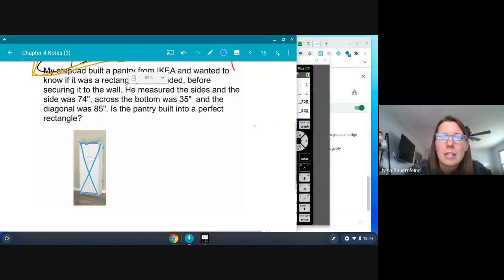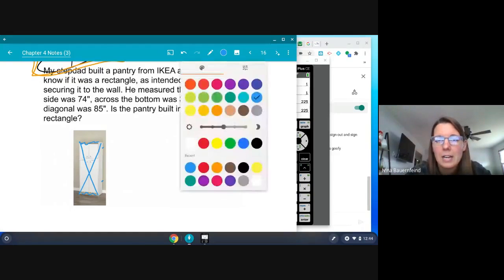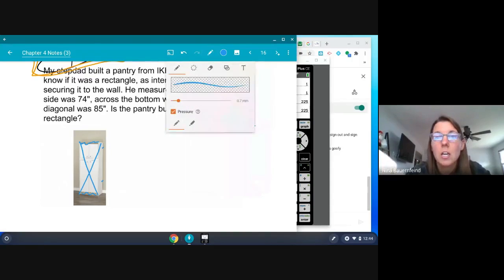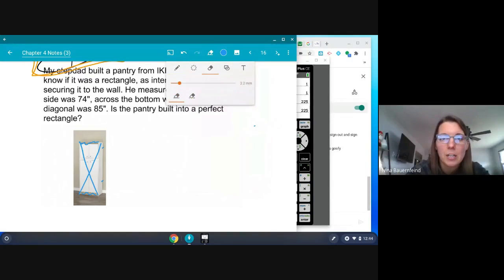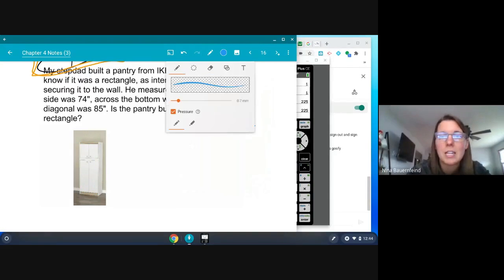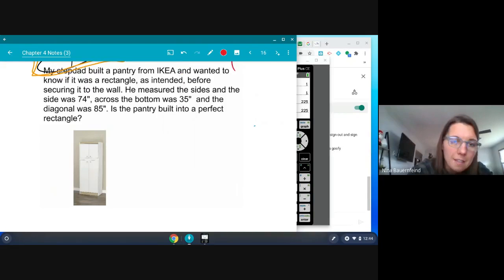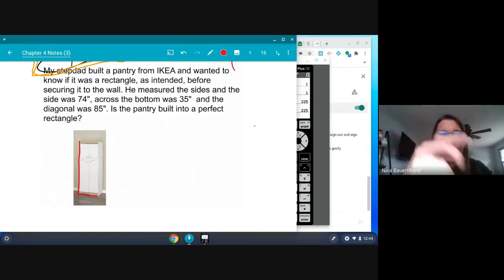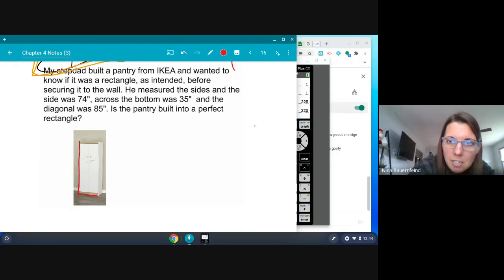The reason he wanted to do that is to make sure that it was actually square. And when you're talking square in construction, when you say something is square, that means that it's 90 degrees. So he wanted to check to make sure that that was 90 degrees and that this was 90 degrees down here.